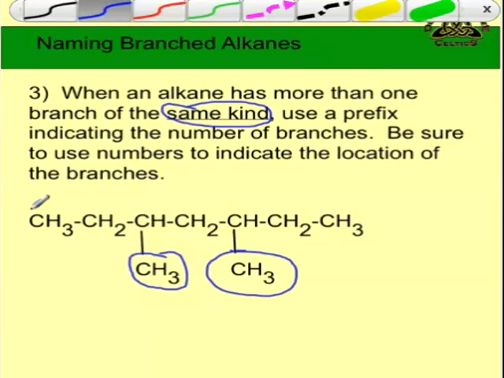So let's find the name of the root. This carbon chain has 1, 2, 3, 4, 5, 6, 7. So the root name here is also heptane. And I notice that we have a methyl group here and a methyl group here. Well, that's 2 methyls, so that's dimethyl.